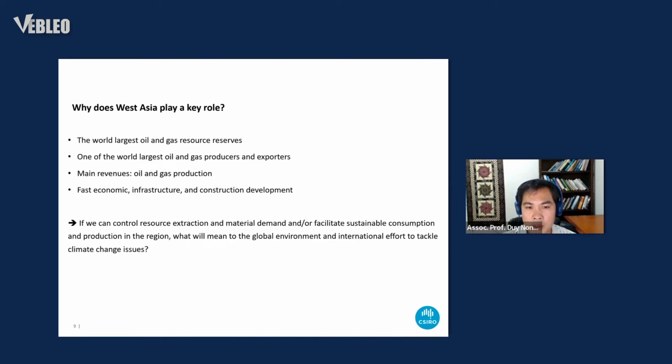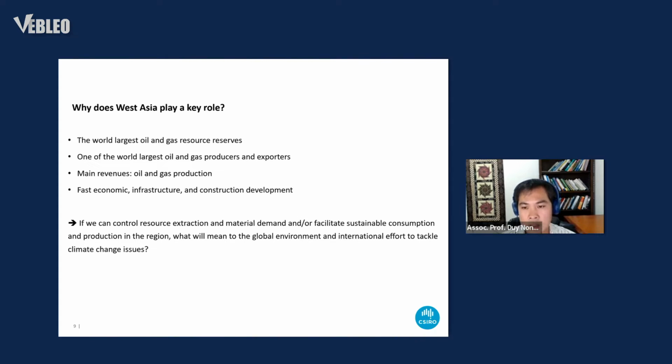So the question here is if we can control the resource extraction and material demand, or even facilitate sustainable consumption and production in the region, what would it mean for the global environment and international efforts to tackle climate change?